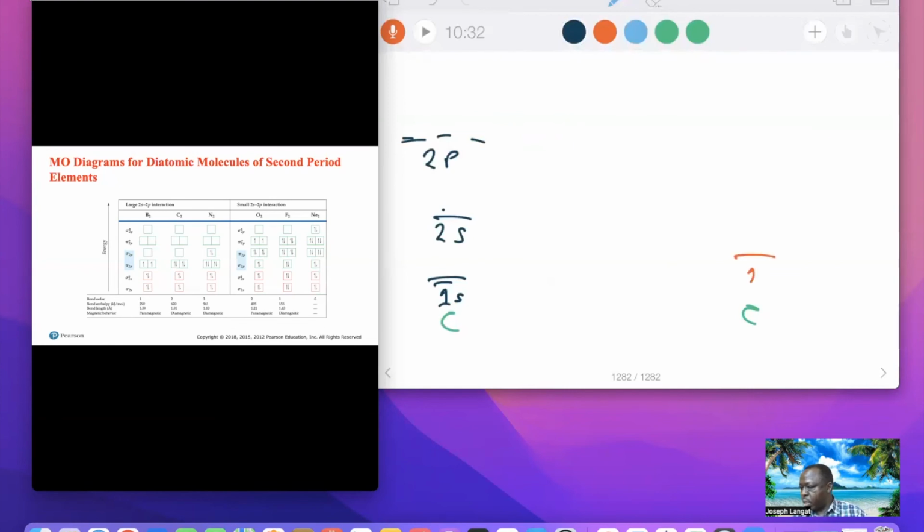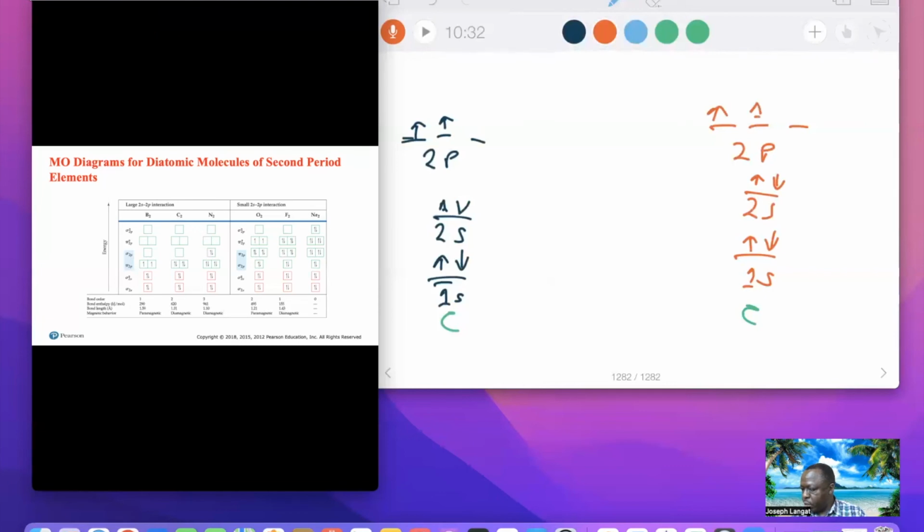This is 1s, 2s, and then 2p. What I'm doing here is writing the electron configuration, and this has 1, 2, 3, 4, 5, or 6. I'm going to do the same thing here. 1, 2, then 3, 4, 5, 6.